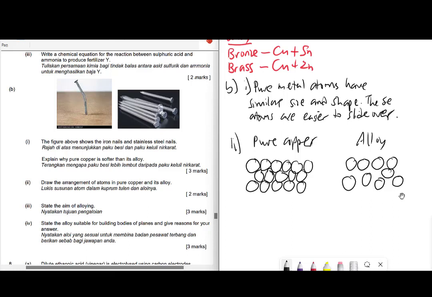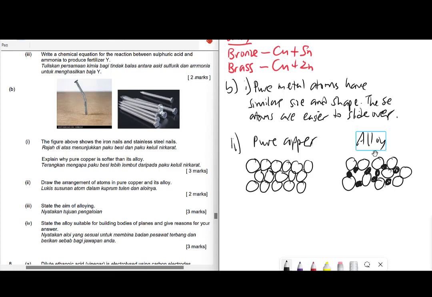Different elements you must show in different sizes. So maybe it's smaller, somewhere random in between. Something like this. Because you introduce different elements inside already. Okay, just draw another one like this.